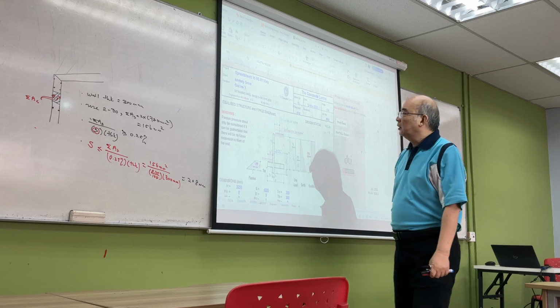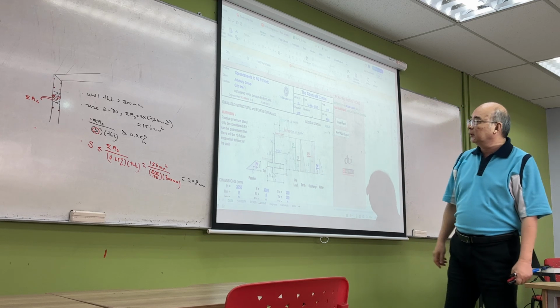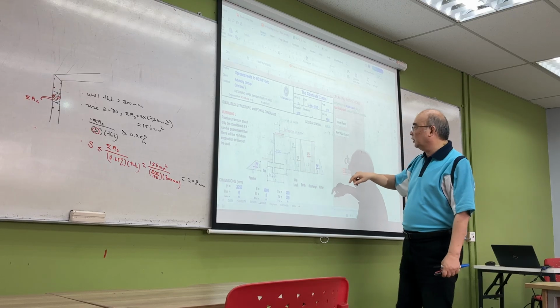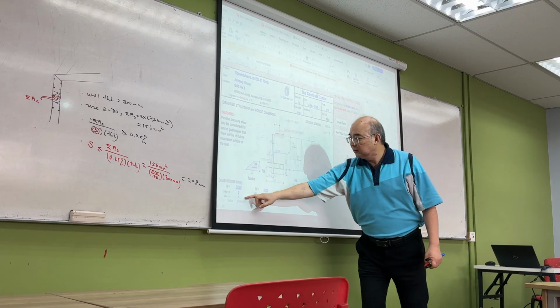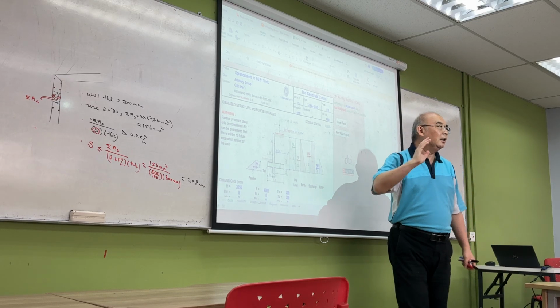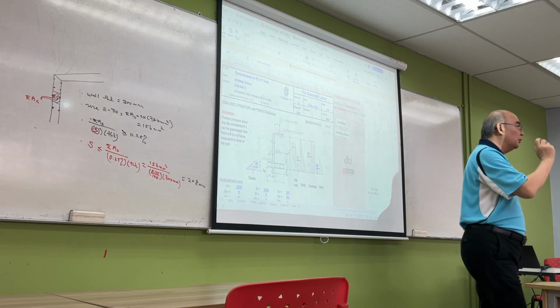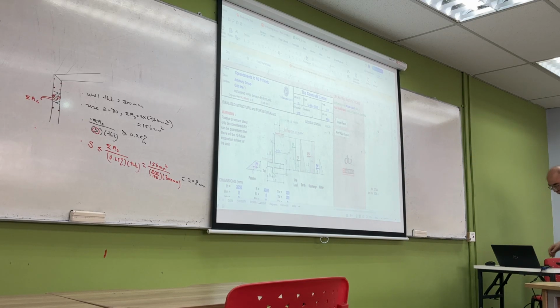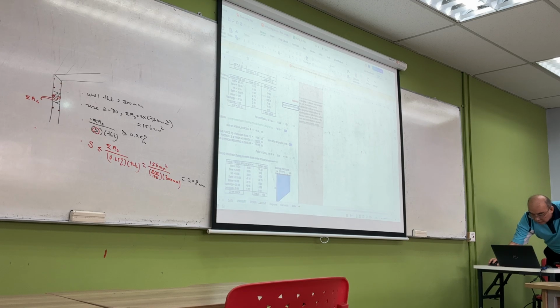Okay. Idealized structure, and so they design. So this is already put in a spreadsheet. All you need is to actually enter these values, okay, and it will speed up the reinforcement detail. So they can do the stability design.